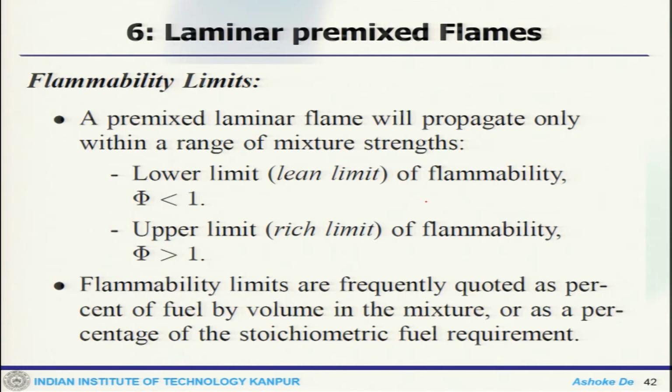Now, we talk about the flammability limit. The premixed laminar flame will propagate only within a range of mixture strength. One is the lower limit, that is the lean limit of flammability, that means phi less than 1, or the other side of it, the upper limit or the rich limit, which is phi greater than 1, because phi equals 1 is the stoichiometric condition.